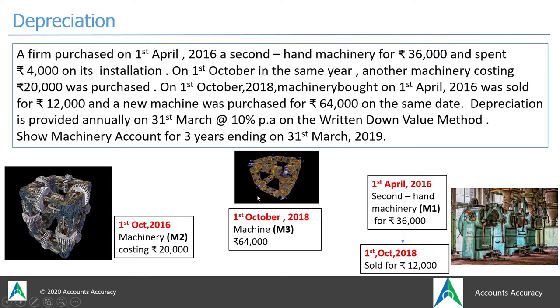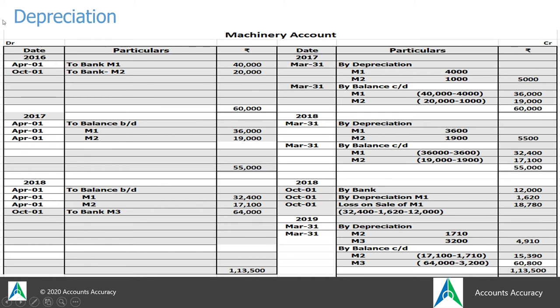Now, in this question, it's been told that on 1st April 2016, a second-hand machine for 36,000 was purchased. You have to remember that the installation charge will also get added to it, because whenever any machine is purchased, the installation charge upon it is also included in the capital investment. That's why the machine's value will become 40,000 instead of 36,000, because 36,000 was the value of the machine and 4,000 installation charge got added.